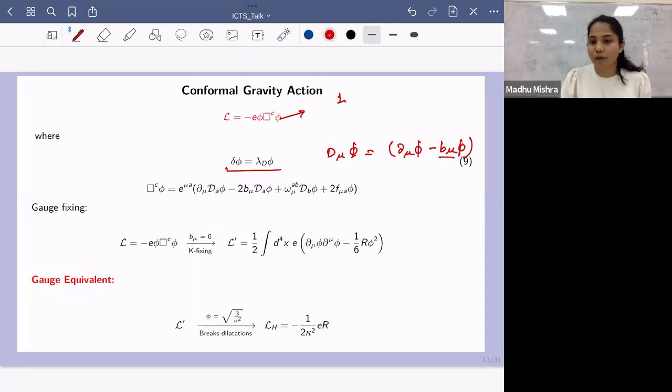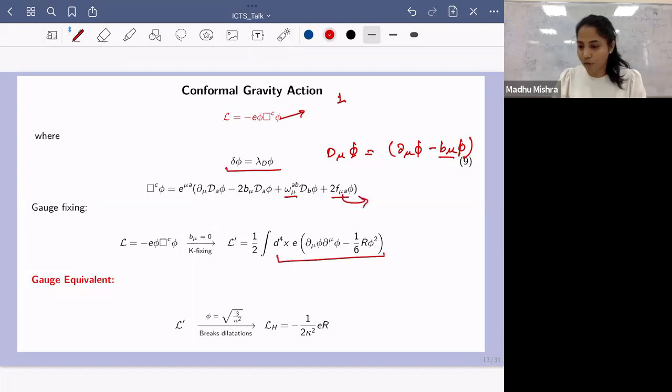And since b mu transforms under special conformal transformation and Lorentz transformation, the d'Alembertian of the scalar will have these gauge fields here. After imposing this gauge fixing condition, b mu equal to 0, we obtain that the action is this.